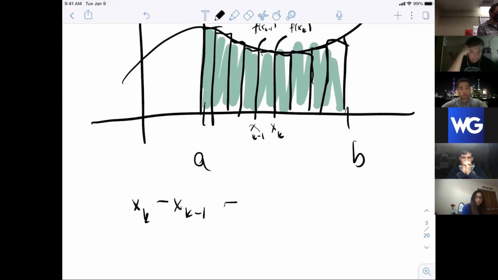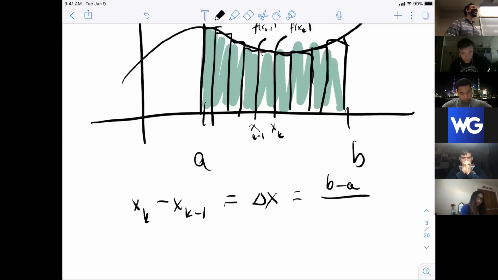We're calling all of these delta x. And so if I have an interval of length b minus a, then delta x is b minus a divided by however many rectangles I'm using, so that is n, in general.